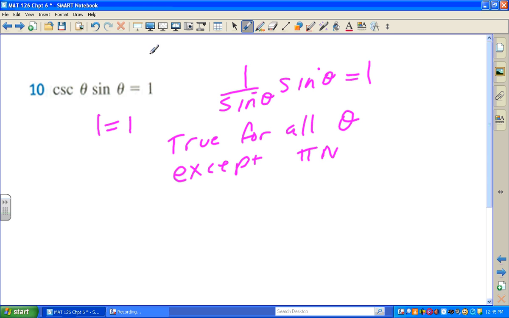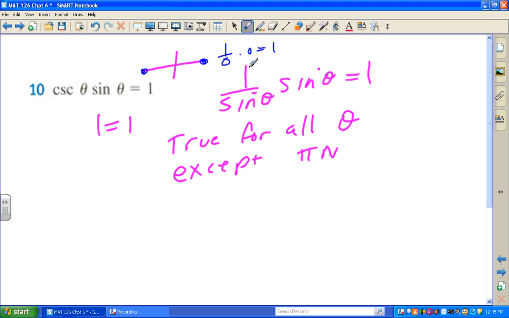On the unit circle, there's 2 places where sine equals 0, isn't there? One of them's at 0, one of them's at pi. Correct? 1 divided by 0 is obviously a bad situation. 1 divided by 0 times 0 doesn't equal 1. They outlawed that when they decided to make 0 a number.